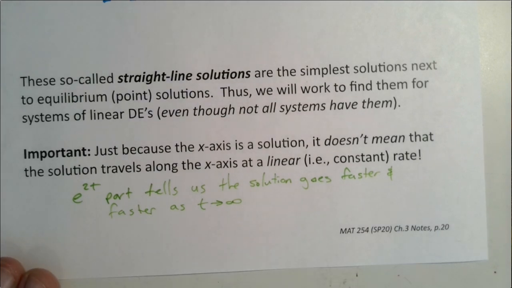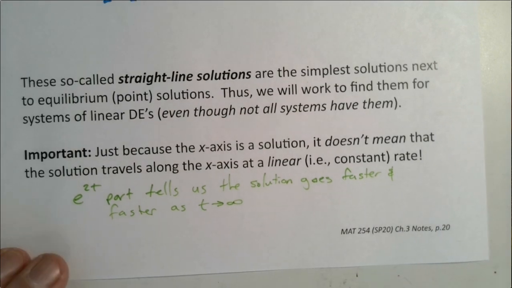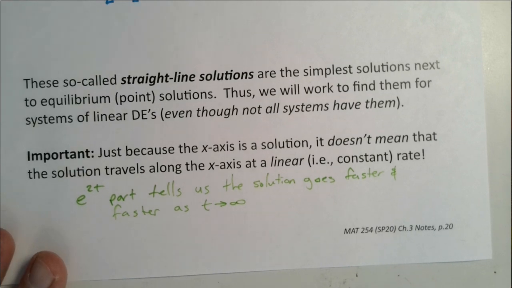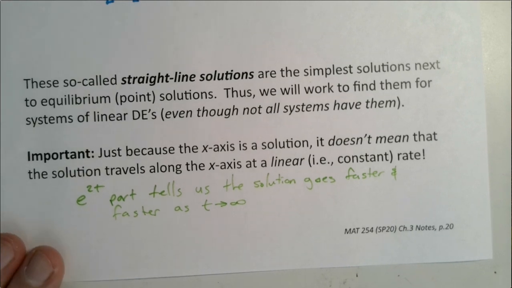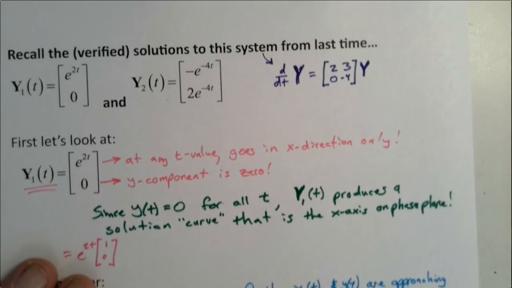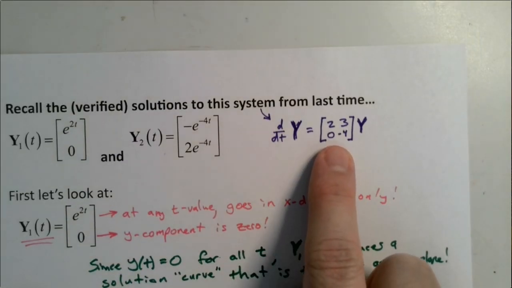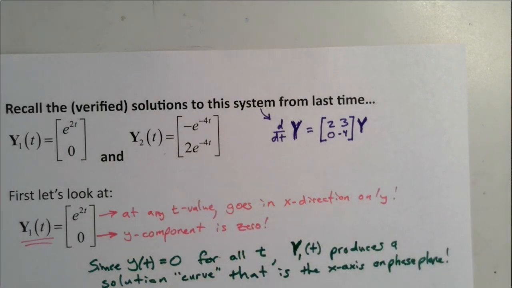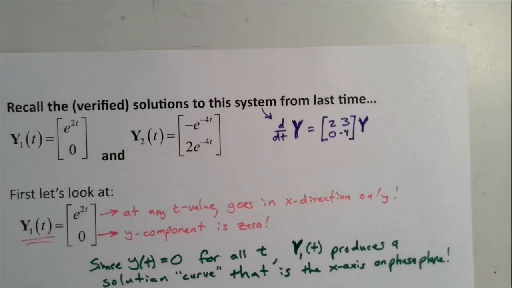So as time goes by, that solution curve y1 is moving faster and faster. And you can see that if you take a look at the vector field for this system. If you go back and plug this in and look at the vector field, you would see that the further you go out along the x-axis, the faster those solution curves are moving, the longer those vector arrows are.